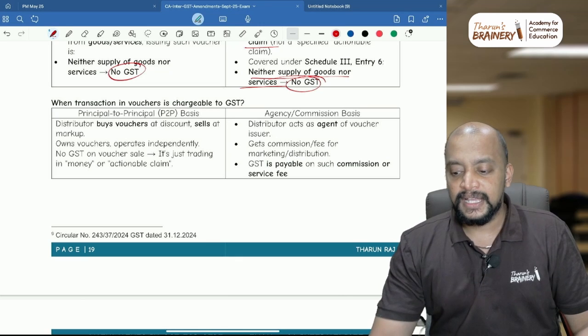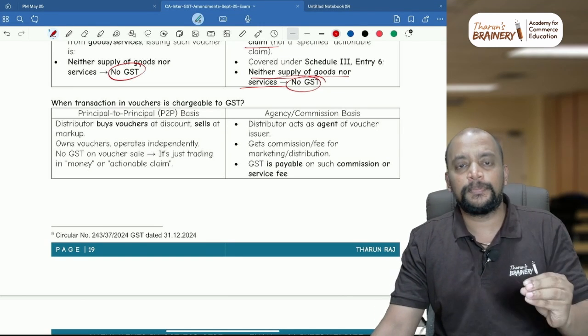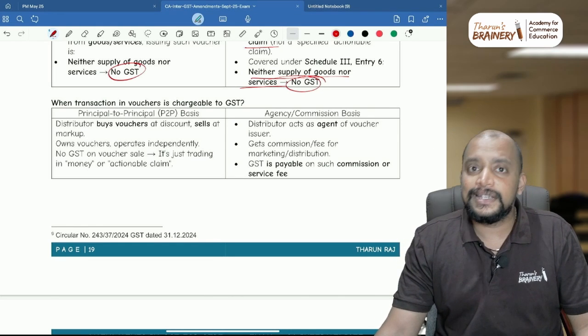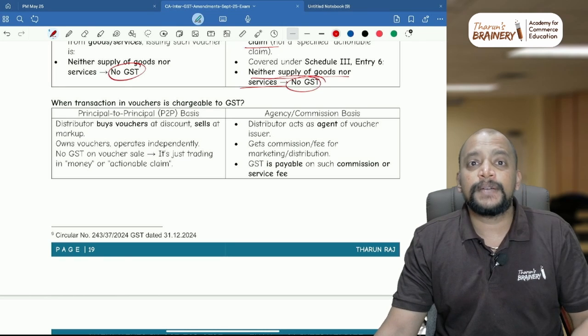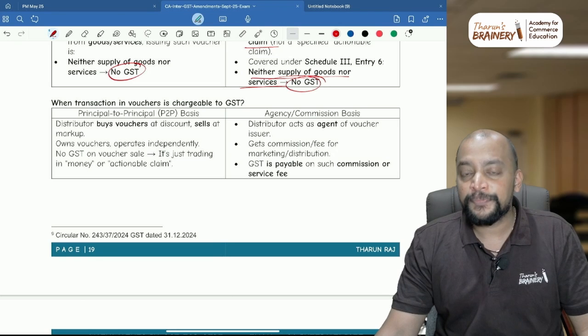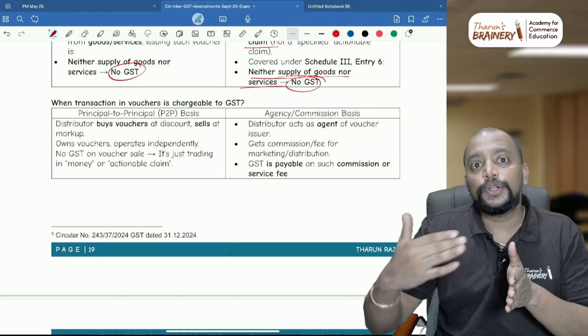Say there is a shopkeeper, for example Shopper's Stop, who wanted to promote its business. For that reason, they will appoint some marketing agencies. What will these marketing agencies do? They will market these vouchers to the corporates.